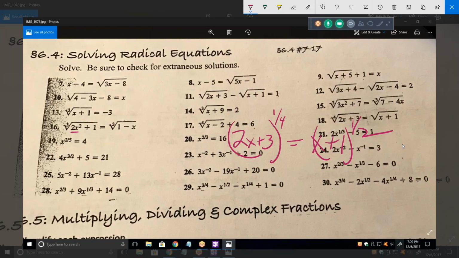So we have to, what are we going to do to each side? We have to multiply it by, no, we have to exponentiate it.